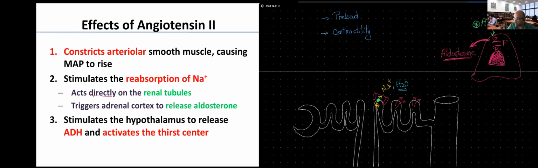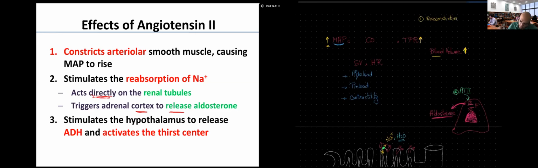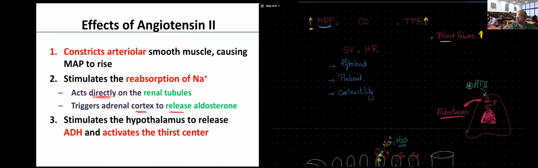I have a direct effect on the kidney tubules and an indirect effect by triggering the release of aldosterone from my adrenal cortex. And again, as I reabsorb sodium, water will follow, and as a result, I have an increase in the blood volume and so the blood pressure.